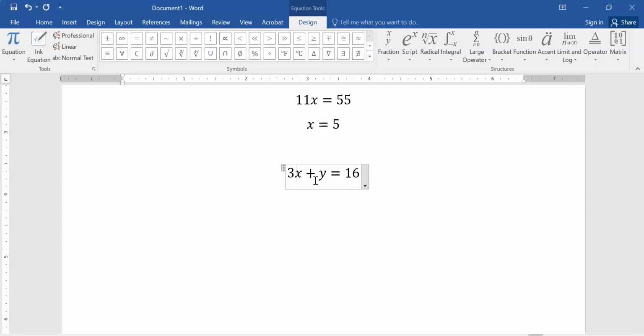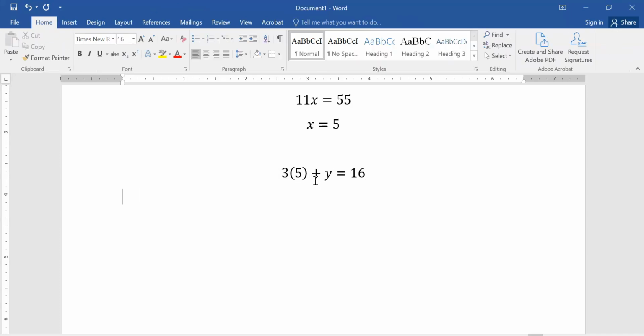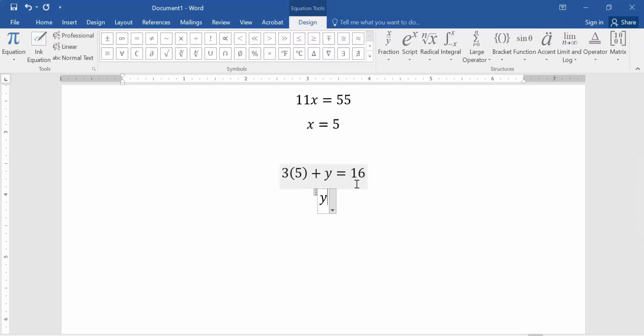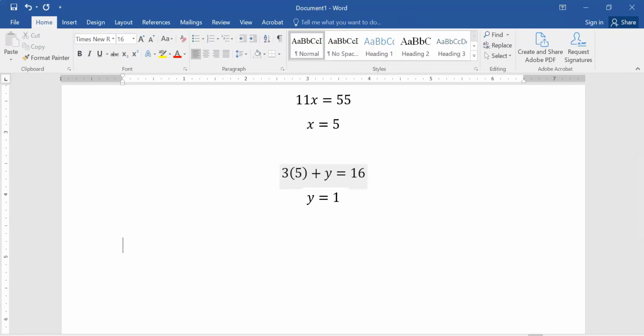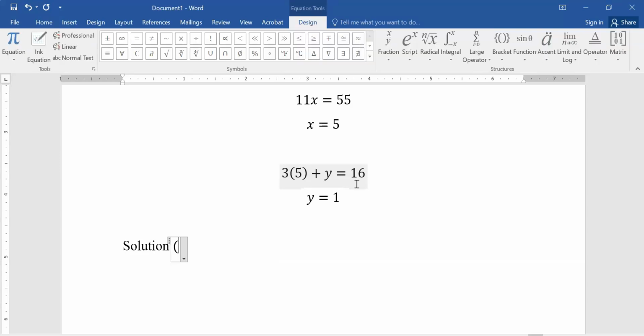And I'm going to plug in x equals 5. And then solve. If you solve, this becomes 15. Subtract 15 from both sides. You end up with y equals 1. So the solution here is the point (5, 1).